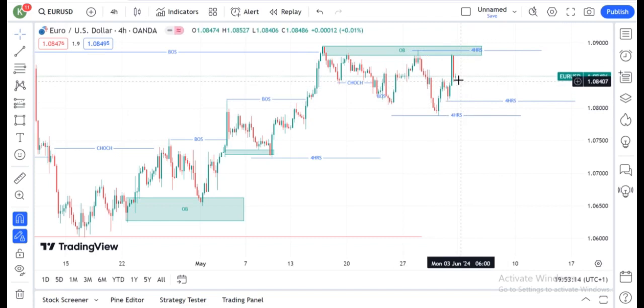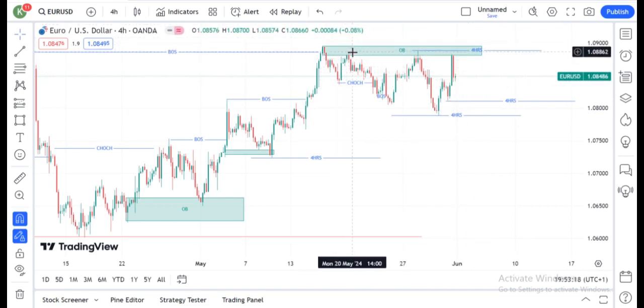So I'm going to be looking for price to take out this OB. The OB has been retested twice and it's acting like a point of resistance because it has retested multiple times, and even now.